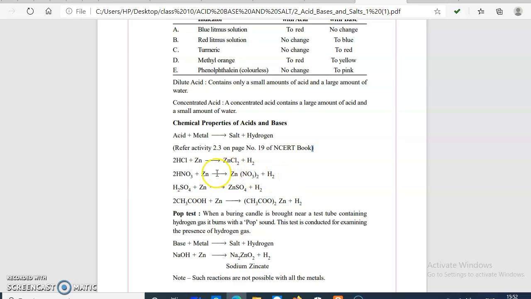So you have to learn what happens and why this reacts, because you have learned the reactivity series in class 9th. In that reactivity series, you have seen zinc is more reactive. Here zinc is more reactive than hydrogen. Here also zinc is more reactive than hydrogen. That's why it replaces hydrogen from the solution.